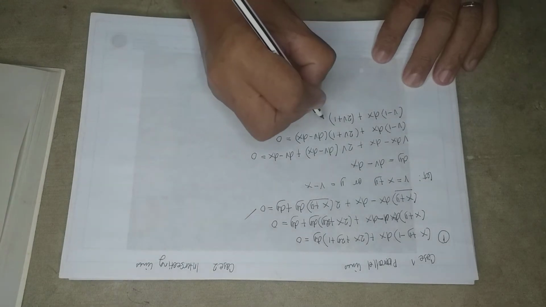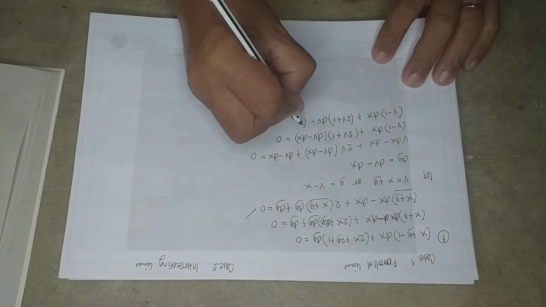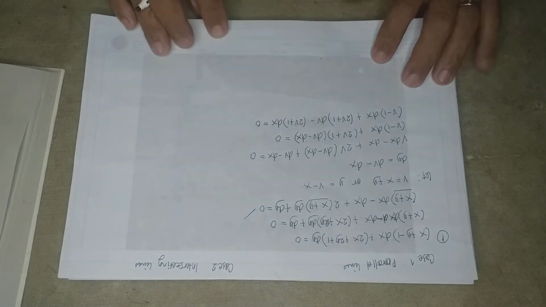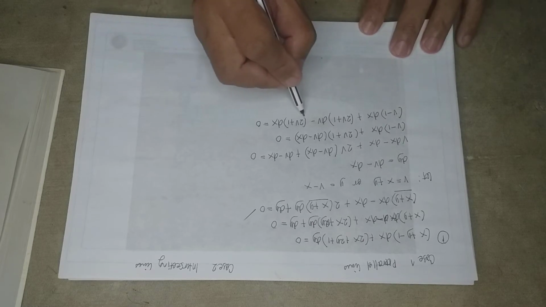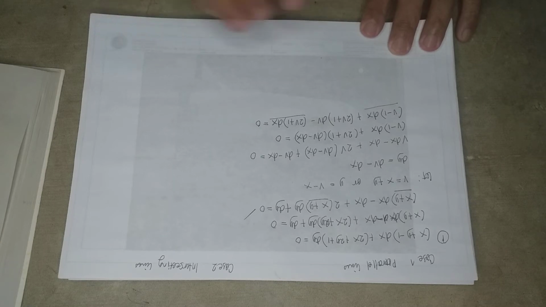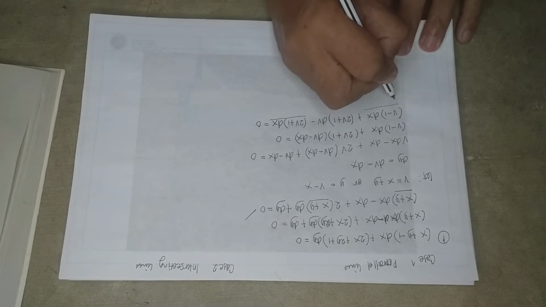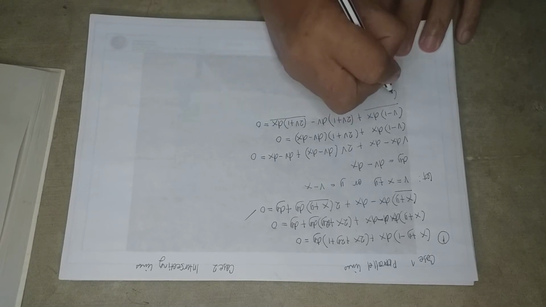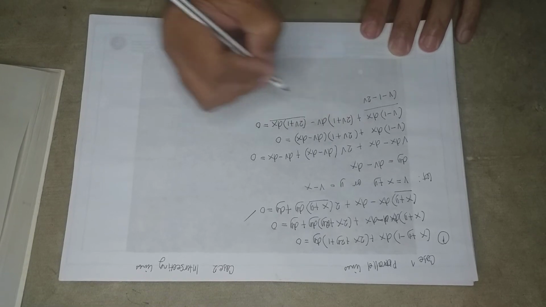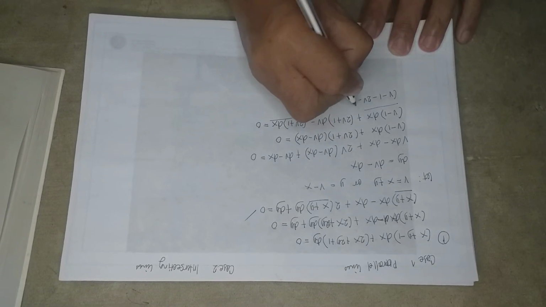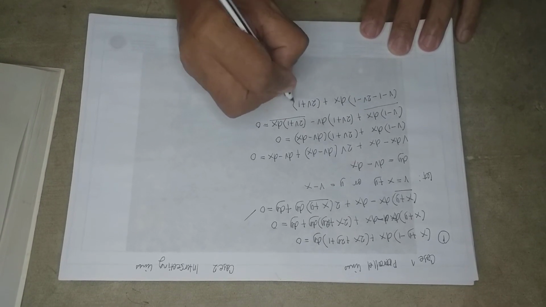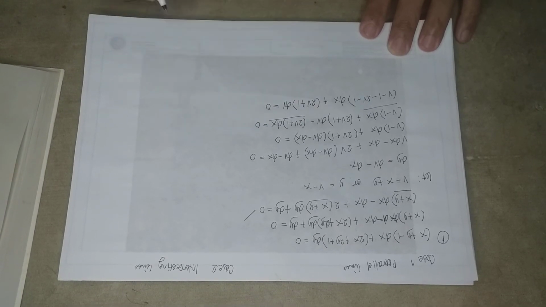Combining terms, let's combine these two terms here, since both have v and dx in them. We have (v - 1 - 2v - 1) dx + (2v + 1) dv = 0.